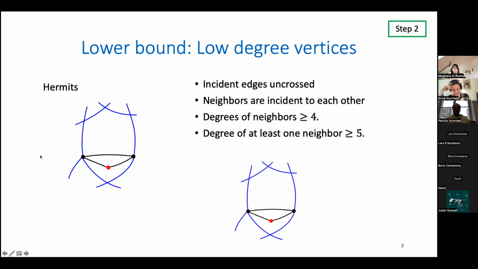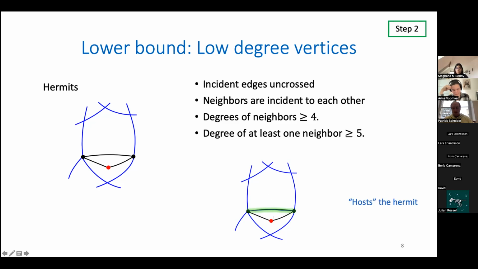Okay. The next thing is to look at the neighborhood and look at the edges and how they support this hermit. So firstly, this edge here, the edge that is incident to both neighbors of the hermit, we say that this edge hosts the hermit because somehow this edge is private to this hermit, and there cannot be another hermit that is also hosted by the same edge.